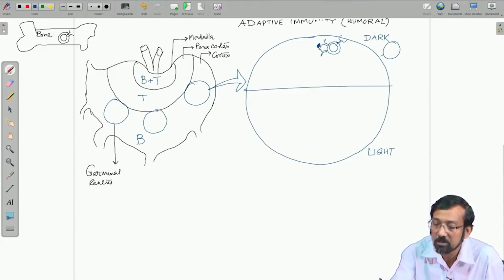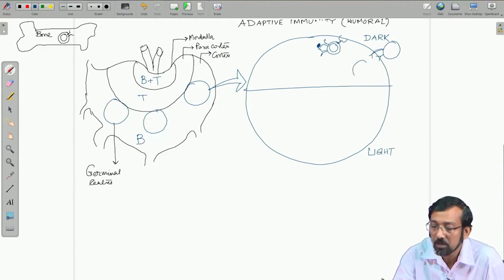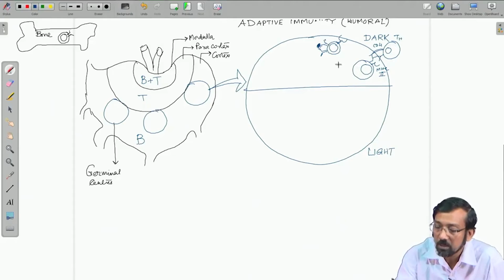The T helper cells interact with the T cell receptor and of course, with the CD4. They interact with the B cell which expresses the MHC class 2 on their surface, and this CD4 interaction, this is a T helper cell and this is a B cell.